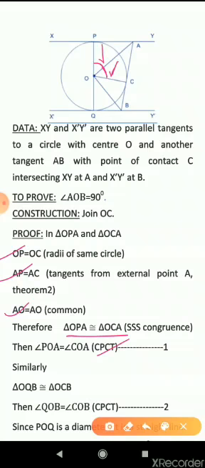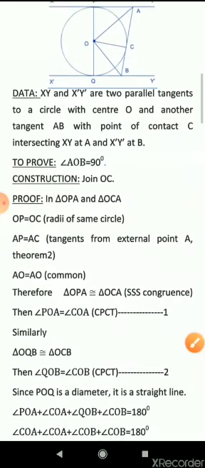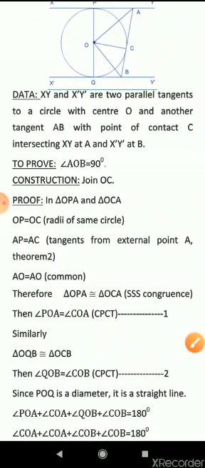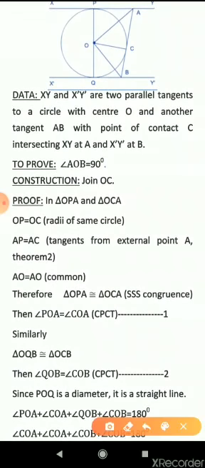Next, similarly, triangle OQB is congruent to triangle OCB. How?